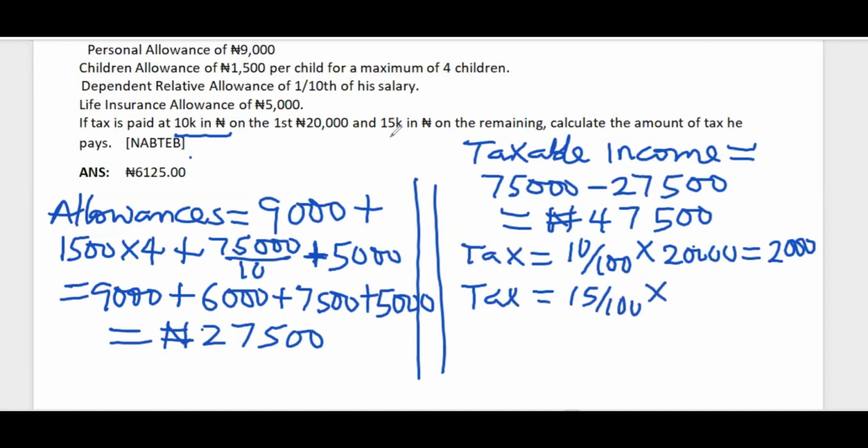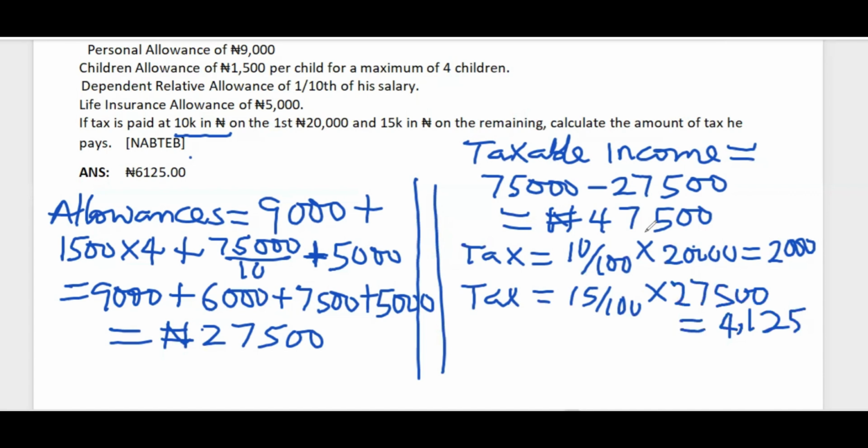The remaining, having taxed 20,000 already out of 47,500, is 27,500. And the value of that tax is 4,125 Naira.